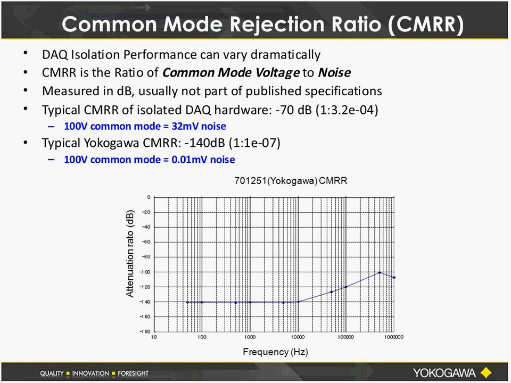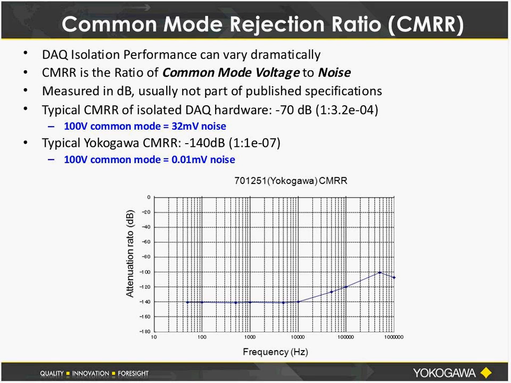Anywhere between 10 kilohertz down to DC, this particular module has minus 140 dB, which in the real world translates to 100 volts of common mode voltage being converted to 0.01 millivolts of noise.